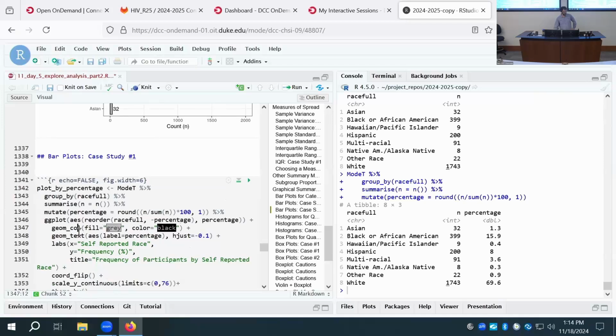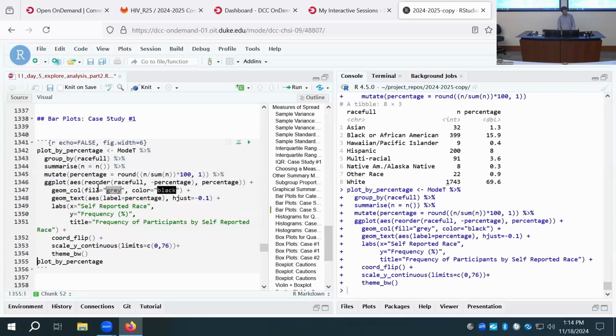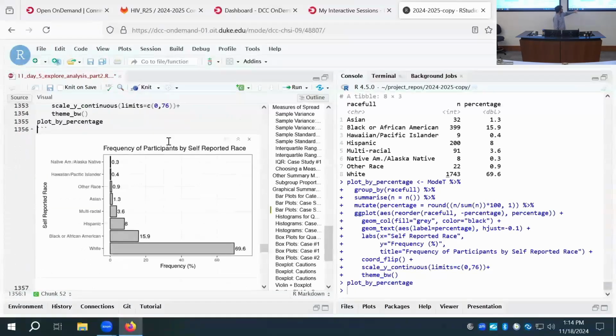For people, I didn't mention this, but the geom text is just adding the percentage text at the end of the bar plot. And the scale Y continuous is just adding some space for that text. We get it by frequency, and so you can see the frequency of each of them. So we have 0.3 all the way to 69.6%.